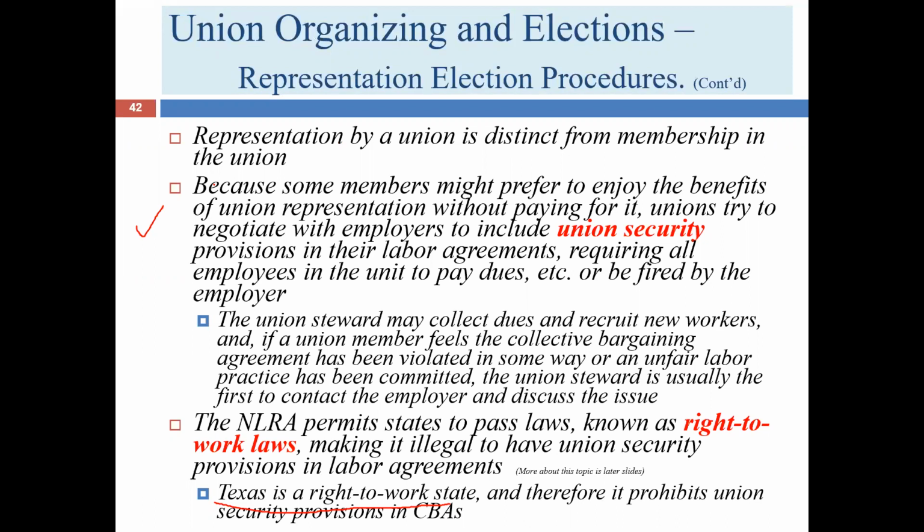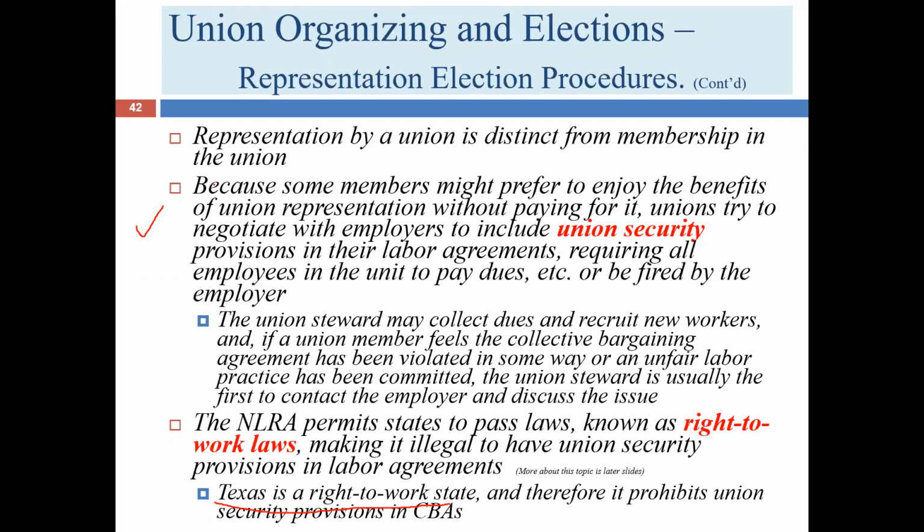Now, the argument that unions advance to persuade people to join in right to work states is, you get a voice. You get to tell us what you're concerned about, so we'll consider that when we negotiate the contract, and you get to vote whether to ratify the contract. You also get to vote on whether we're going to strike or not. And you get to vote on who the union leadership is, who the president and vice president and treasurer are, those types of positions.